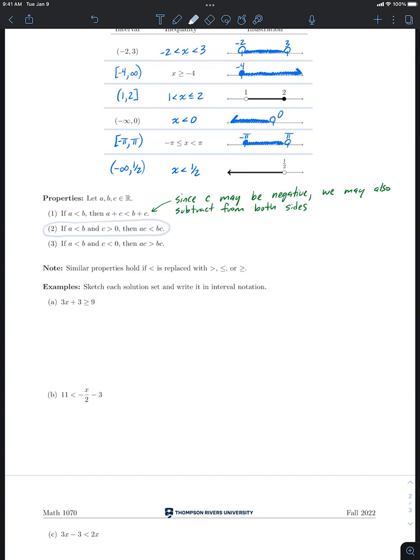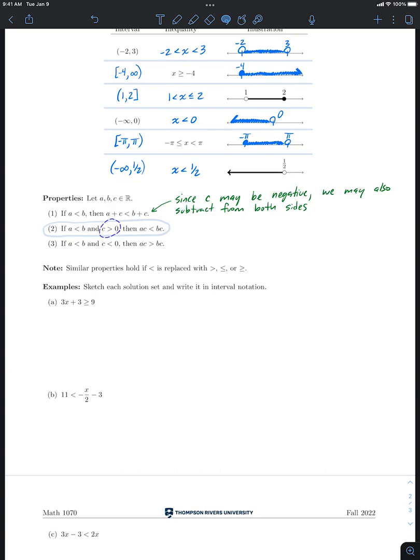The second property says if you have an inequality, again, assume that A is less than B. Assume that's a placeholder just to represent some inequality that you're working on. Now there's a restriction on C. If C happens to be a positive quantity, it's greater than 0, that means it's positive, right?